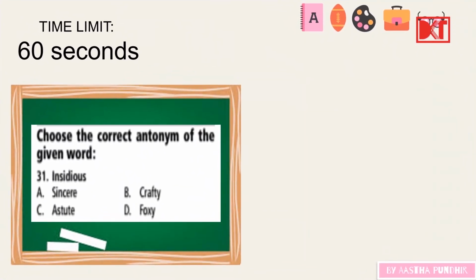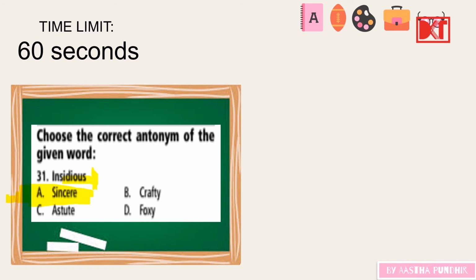Alright, the next word we have is insidious. The options are sincere, crafty, astute, and foxy. So insidious refers to something which has certain harmful effects, negative consequences. That's insidious. Okay, so the opposite would be sincere, right?